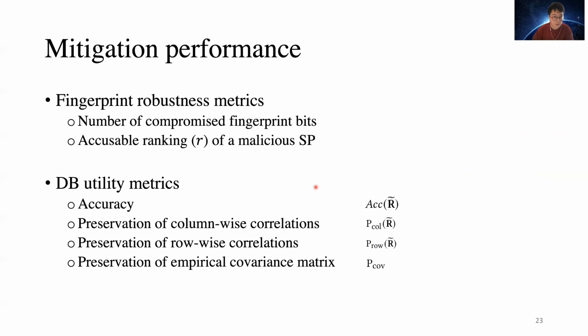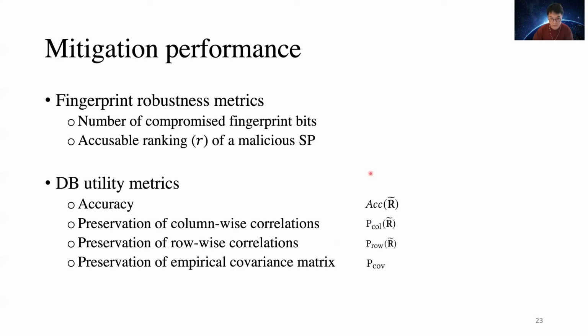Now let me talk about the mitigation performance. I have discussed the robustness metric in the previous slides. In the paper, we also consider different utility metrics: the accuracy of the database and the preservation of column-wise, row-wise, and conventional metrics of the database.